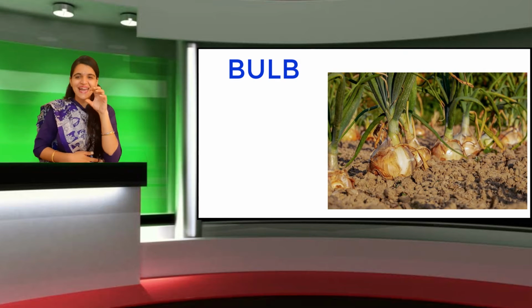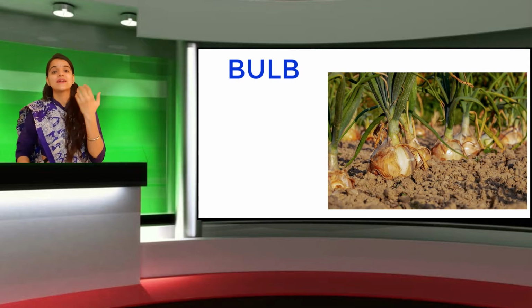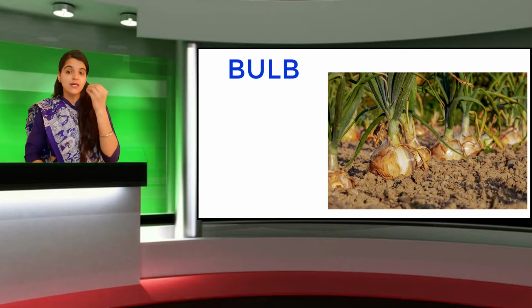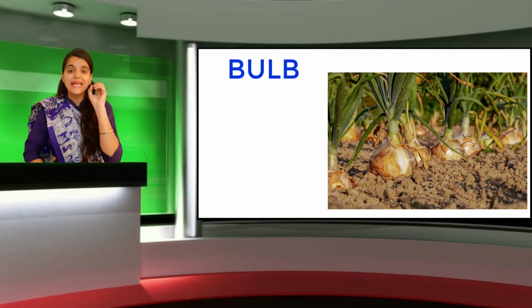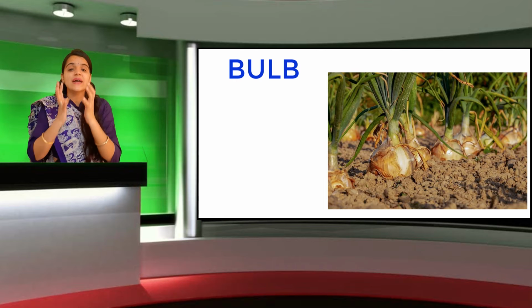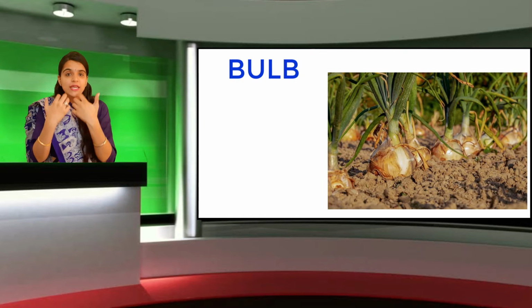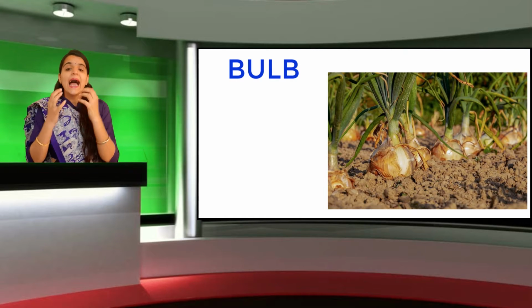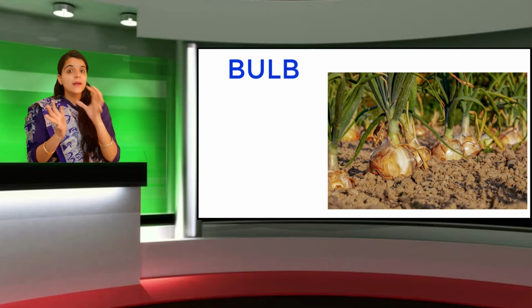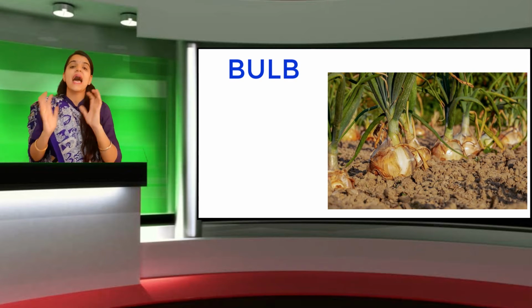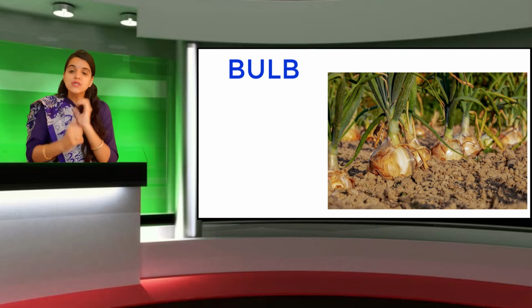Try to understand. The bulb is also an underground stem with which the leaves are attached. These leaves have a capability of storing food, okay? And the entire bulb contains apical buds that produce leaves and flowers, and shoots are developed from the lateral bud.